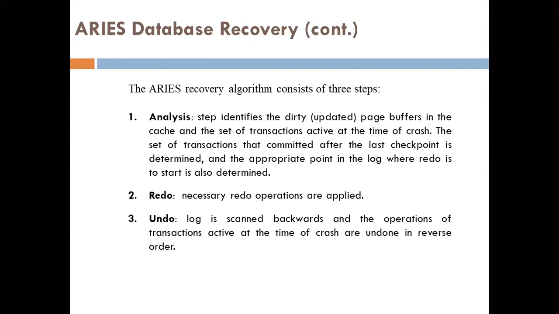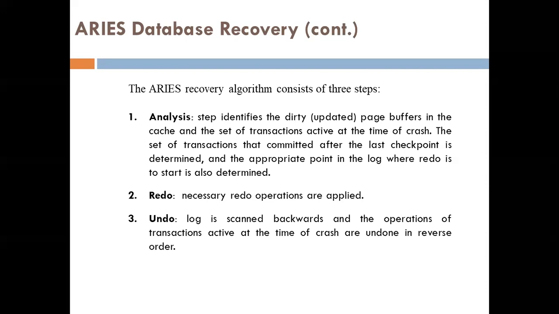The set of transactions that committed after the last checkpoint is also determined. The appropriate point in the log where the redo operation is to start is determined by looking at the log file, the set of transactions committed after the last checkpoint and those that are in the buffer. So all of these will be consolidated and the algorithm will determine from where it has to redo the operations.